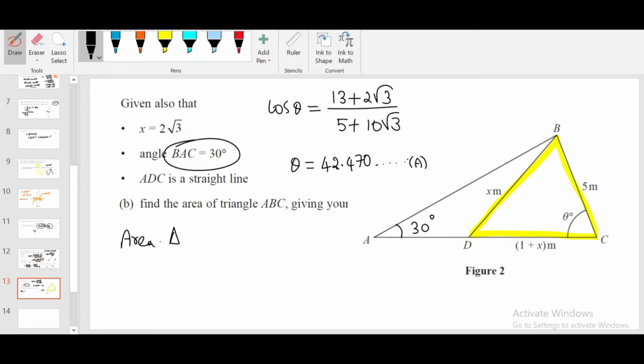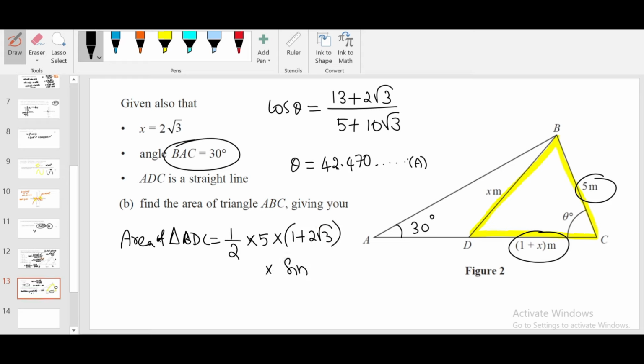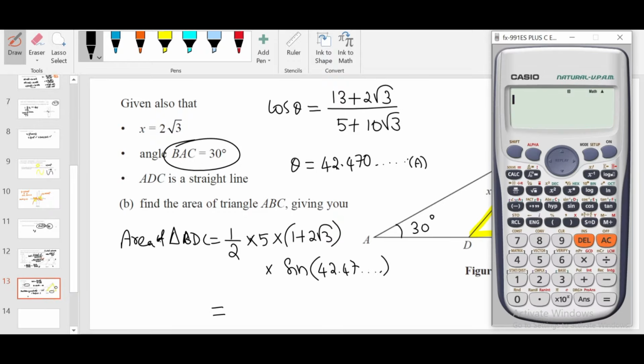Area of triangle BDC is equal to half AB, two adjacent sides, 5 times 1 plus x, x is 2 root 3, half AB sine theta, theta is 42.47. So let's get this area first. So half is 0.5 times 5 times 1 plus 2 root 3 times sine 42 point something, this value.